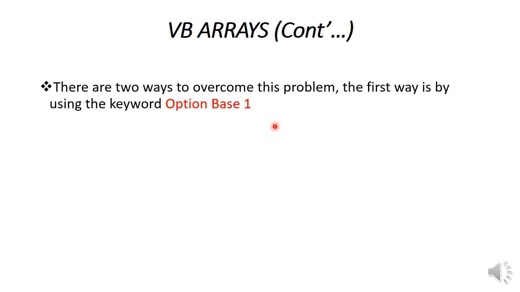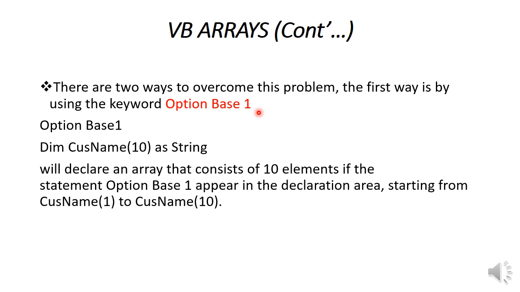we can use the option base 1 keyword. For example, if I write down option base 1 and then I declare an array, you see that my array will be declared inside a local procedure because we have used the dim keyword, and my array name is called class name.